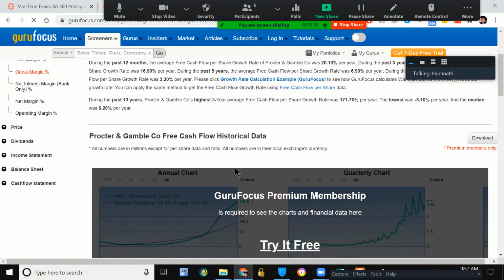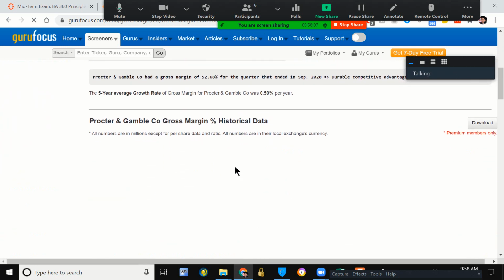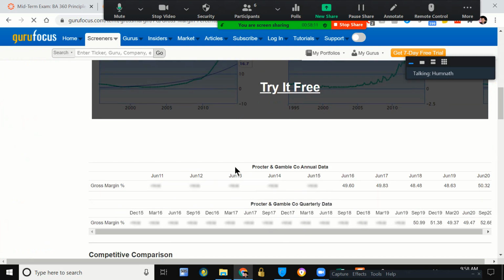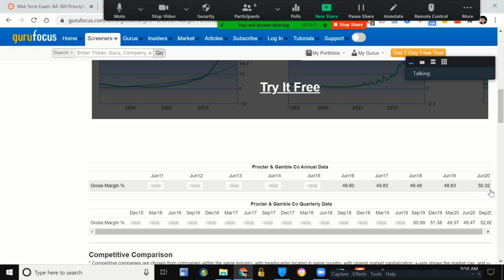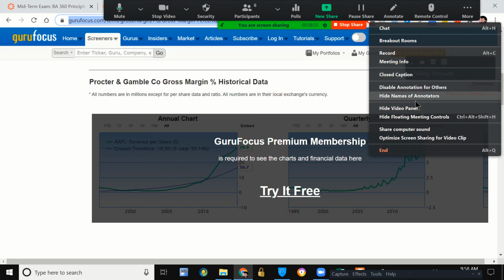And then when you scroll down, you will see the data, which is 50.32%, right? That's the information you want to get. So 50.32, and make sure you copy this web link so that I can see what you did.